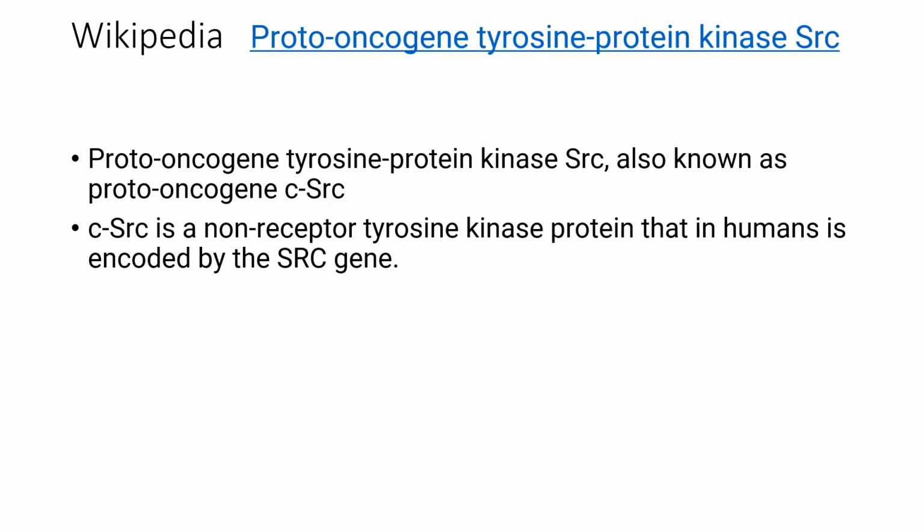So here you have a definition. Proto-oncogene tyrosine protein kinase SRC is also known as proto-oncogene c-SRC. c-SRC is a non-receptor tyrosine kinase protein that in humans is encoded by the SRC gene.